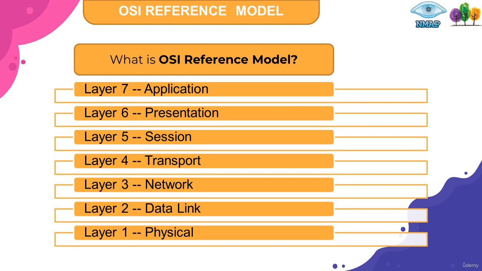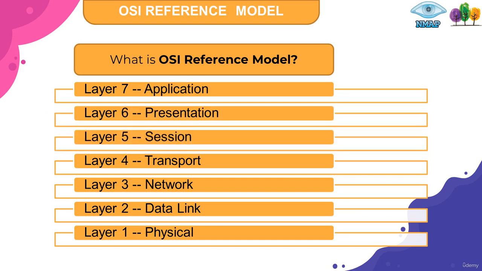That way, devices manufactured by different companies with the OSI standard will be able to communicate using the same protocols. Now, the OSI model consists of 7 different layers, and here they are. Layer 7, application. Layer 6, presentation.